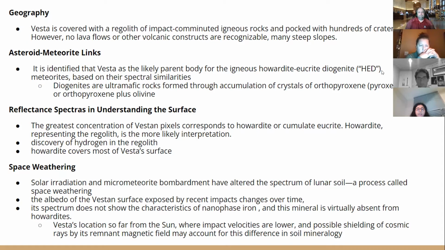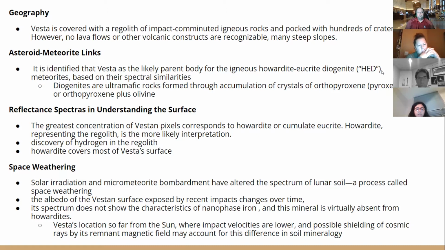The howardite represents the regolith on the surface of the asteroid, and there was another very significant discovery, which is hydrogen within the regolith. The fact that Vesta's surface is covered with howardite can also help us make connections with other meteorites which we find that have similar compositions.